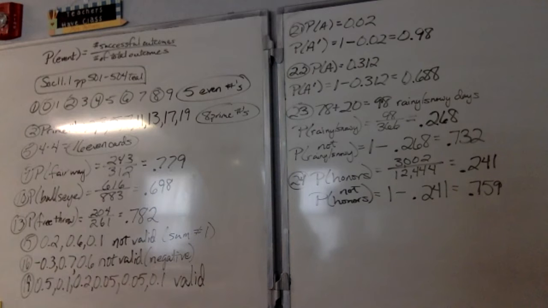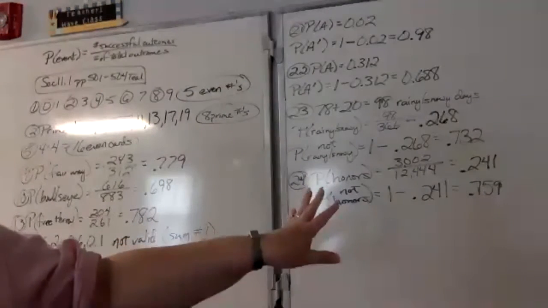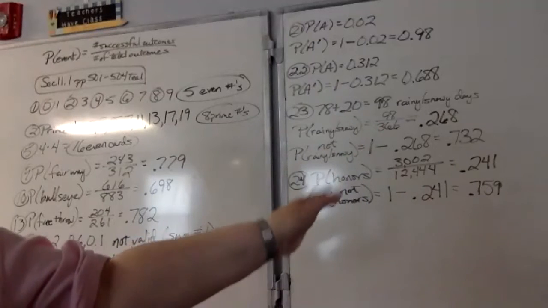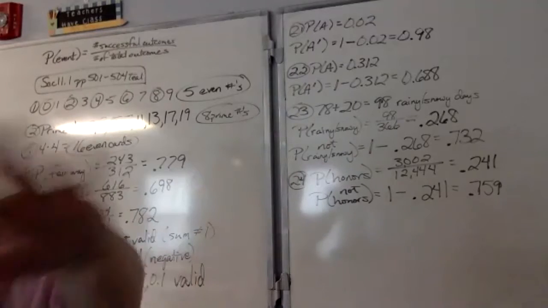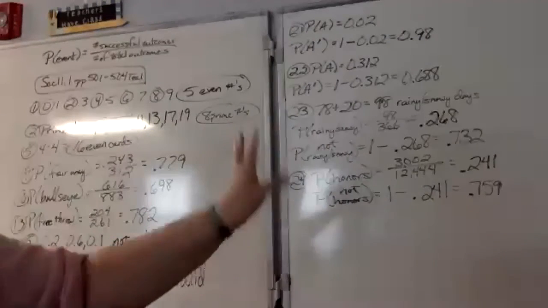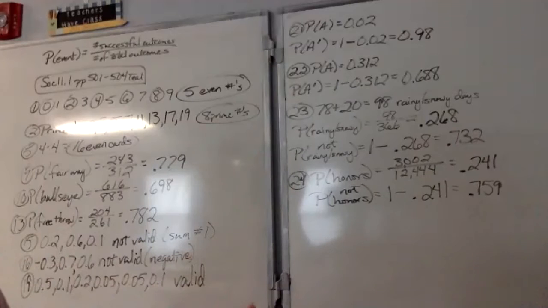If that one happens, then the second one can't happen. They're two totally different types of probabilities. One has no impact on the other. If this one happens, the other one can't happen. You can't have both at the same time.